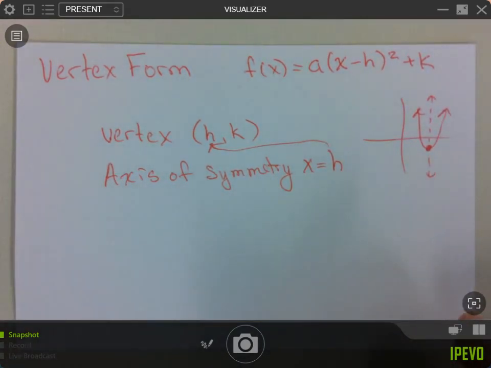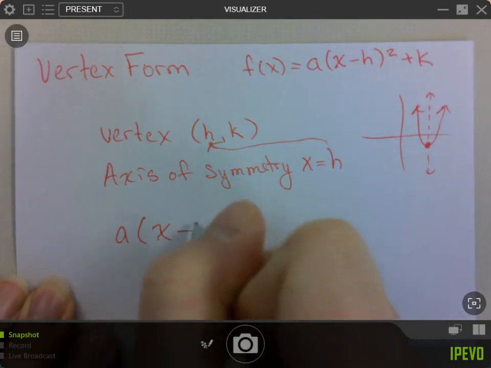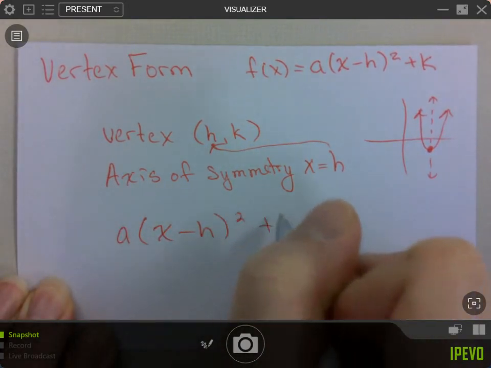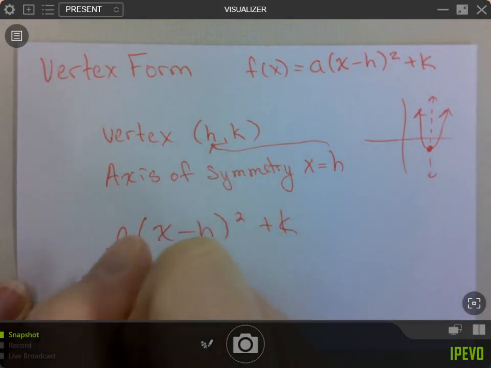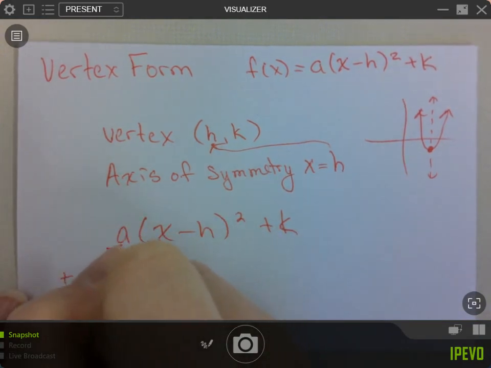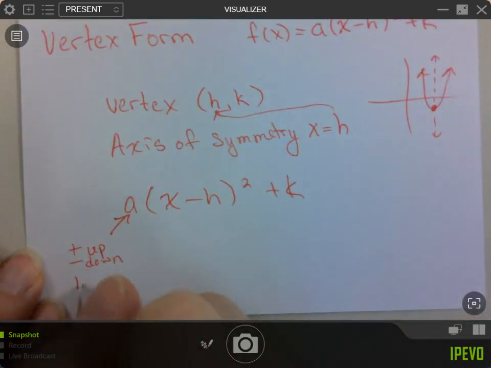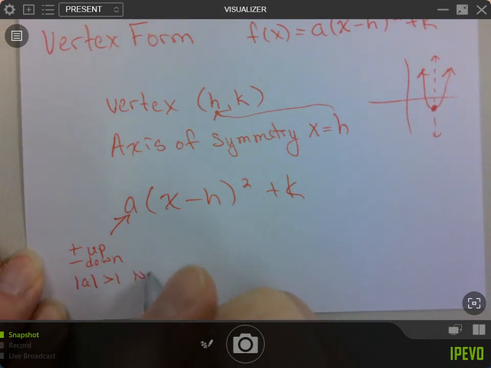Okay, so let's talk about a couple things. When we have this function a times x minus h squared plus k, a tells you if it goes upward or downward. So positive up, negative downward. A also tells you the stretch. So if the absolute value of A is greater than 1, it is going to be a narrow graph or a vertical stretch.